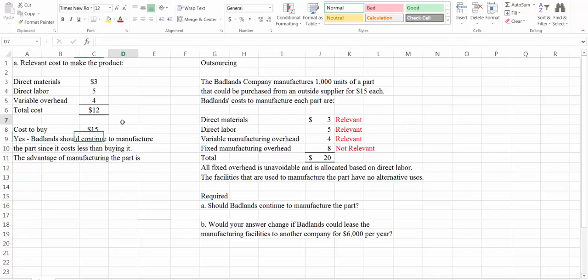The advantage of making is $3. So the advantage of manufacturing the part is $3 times 1,000 units per year, and that gives us $3,000 per year.